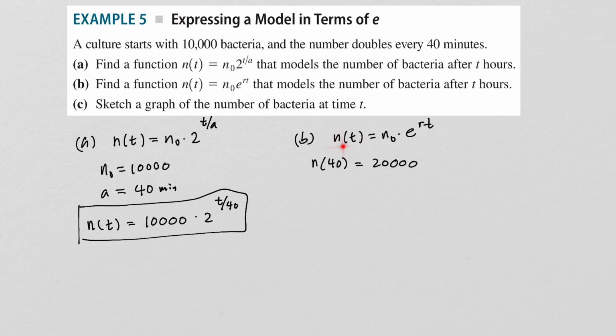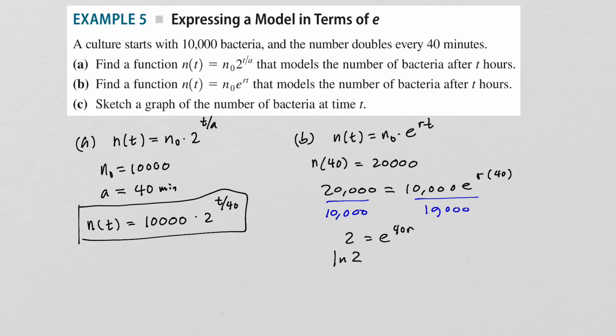So I'm going to plug that in for N of T here. So 20,000 is equal to N naught, which is 10,000, E to the R times T, and T is 40 when this happens. So now to solve this, we'll divide both sides by 10,000. And this gives us 2 is equal to E to the 40R.